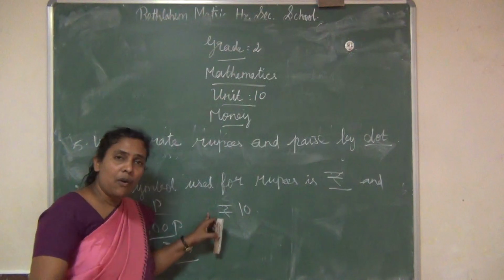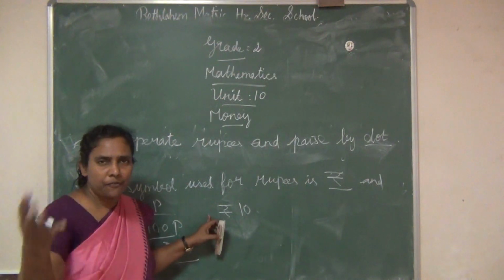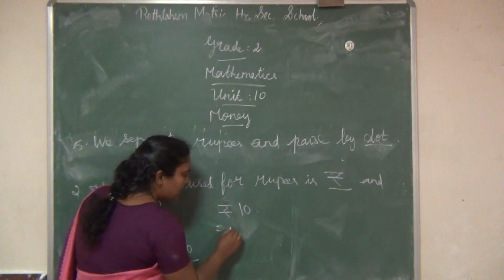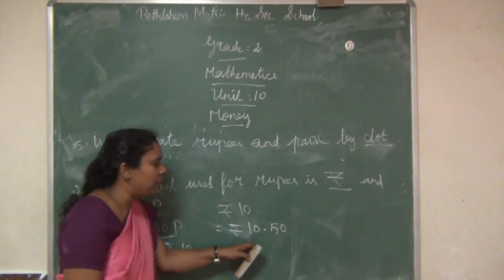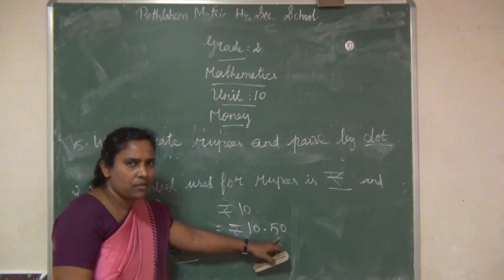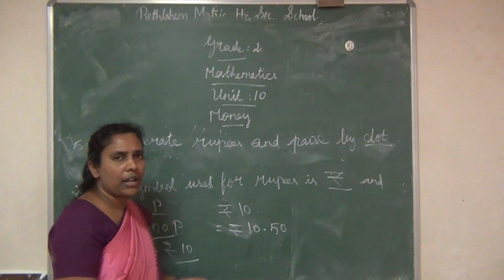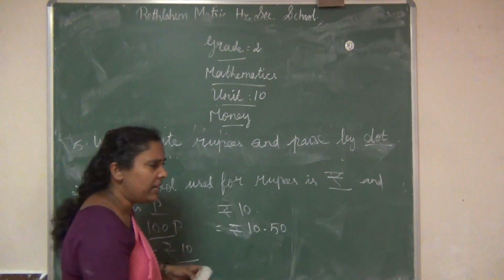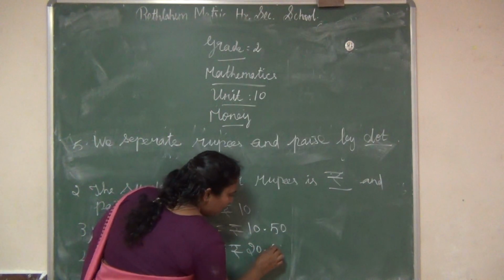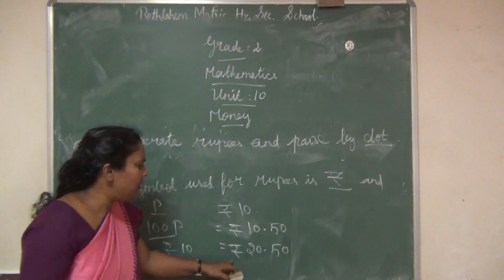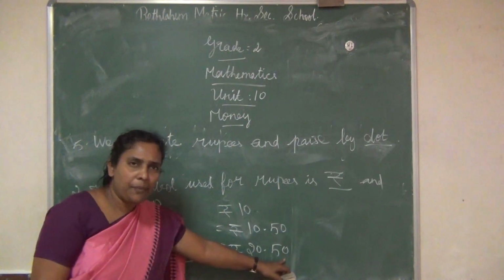If we want to write 10 rupees 50 pies, we can write it as rupees 10.50. So 10 rupees 50 pies. Similarly, for 20 rupees 50 pies, we can write rupees 20.50.